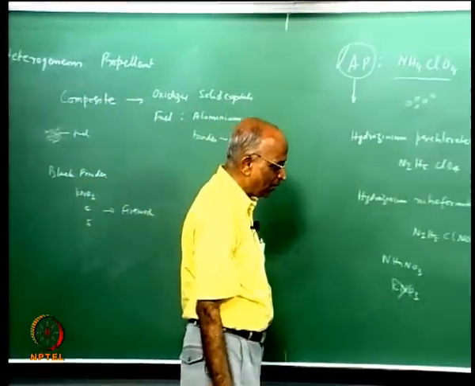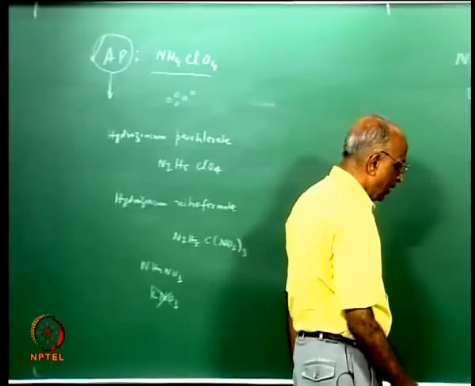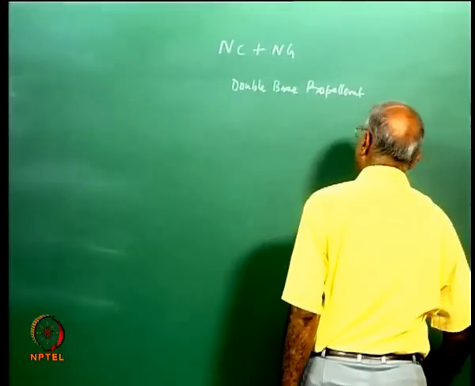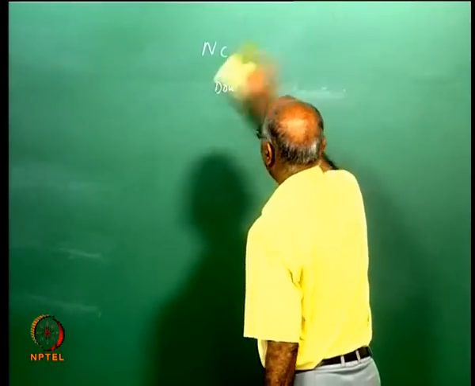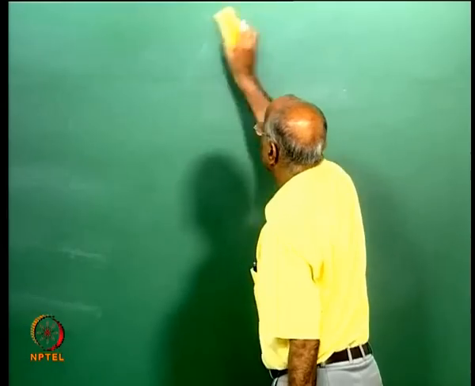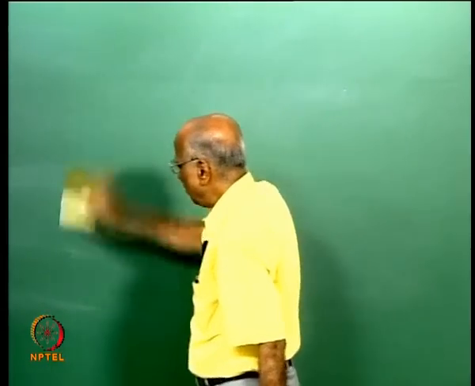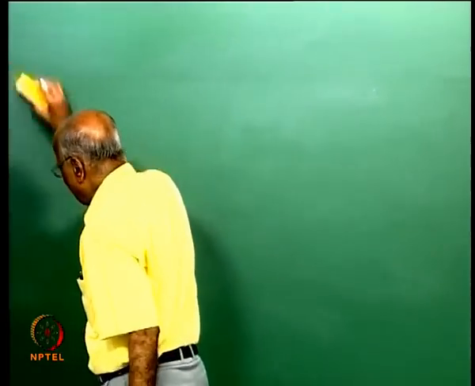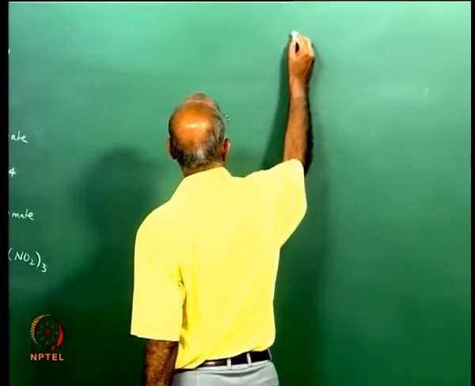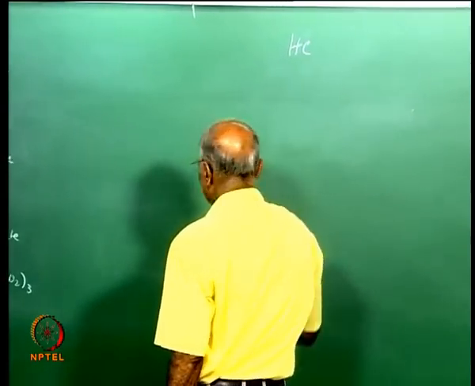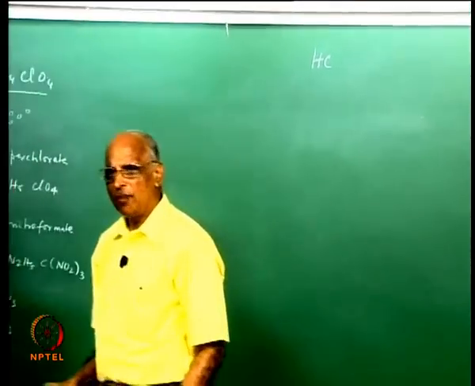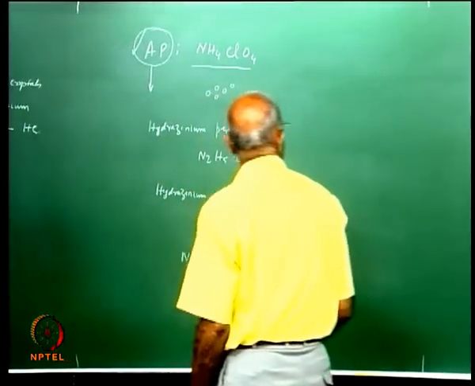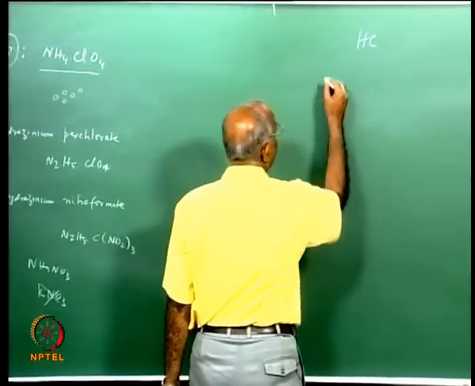Let us take a look at the fuels which are possible, and then we will put things together and see what is involved in a composite propellant. When we say fuel, I also told you fuel could be a hydrocarbon fuel. Let us see what are the different types of hydrocarbons and how we use them. Let us start the hydrocarbon chain.